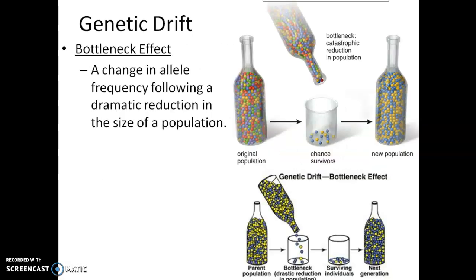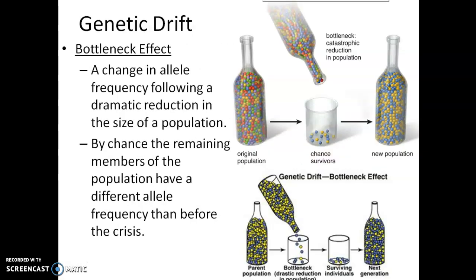Bottleneck, remember, is when you have a large population, they're thriving, they're living healthily. What happens is that a lot of times there'll be something bad that happens, like a catastrophe, natural disaster, habitat destruction, hunting, poaching, all of those would be considered bottleneck effects.